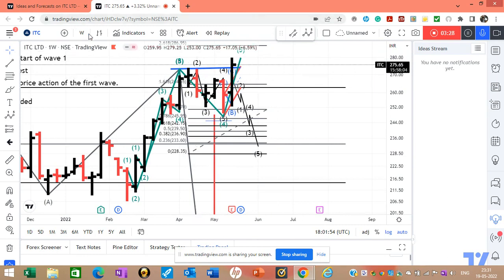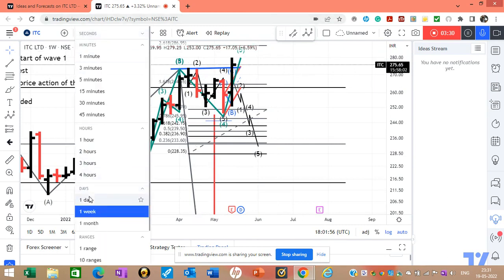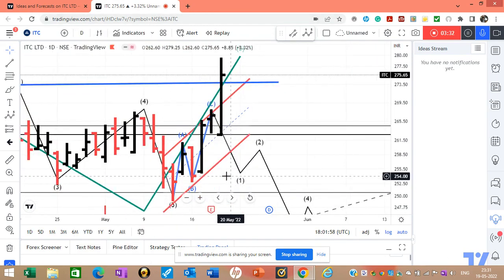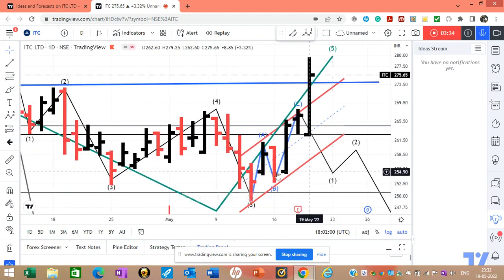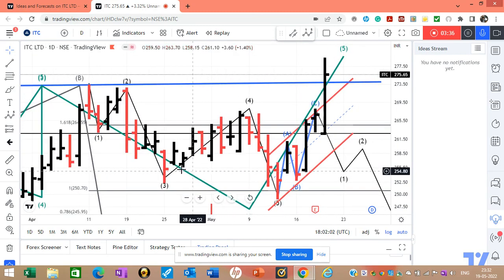So now I come back to my original chart. It was 1, 2, 3, 4, and 5. This was the whole one wave.